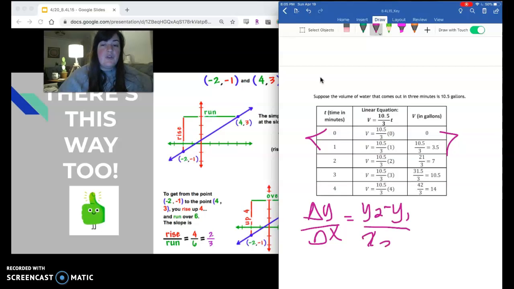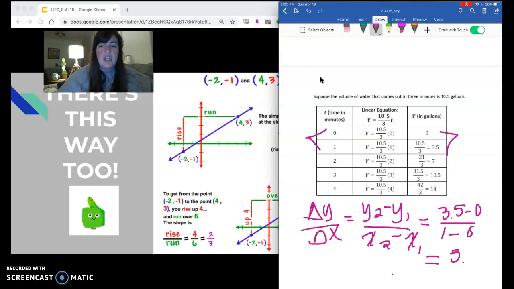So if your number does not come out to be an easy number to write, leave it in fraction form in the most simplified version. Or if it divides out to a decimal, then win-win, right? Because then you get a nice terminating decimal and that could be your answer. So the rate of change for this table is 3.5.